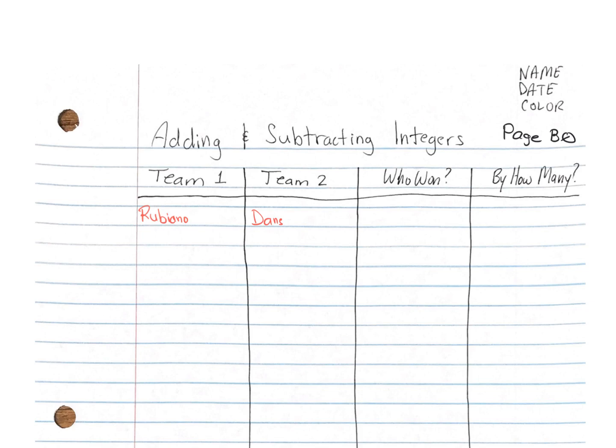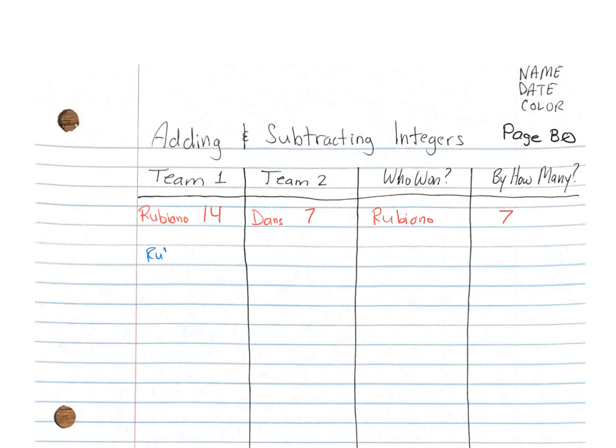So, for example, if I got 14 kills in a battle royale and Dan's got 7 kills, well, who won or who got more kills? Well, in this one, it'll be me, so I'll put Rubiano. But by how many more kills? So if I start off at 7 and I count up to 14, that'll be a total of 7 more kills that I got.